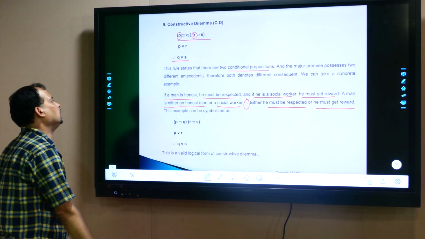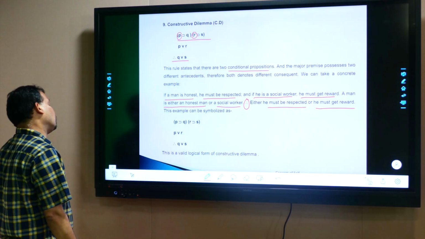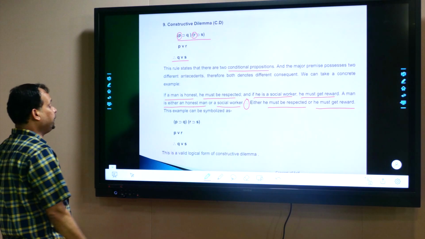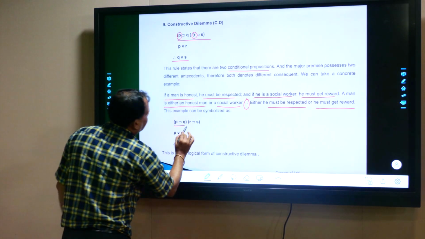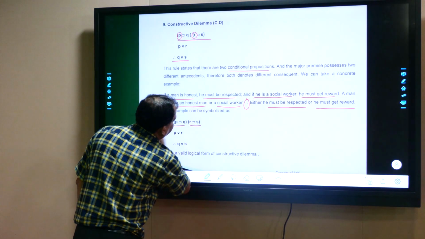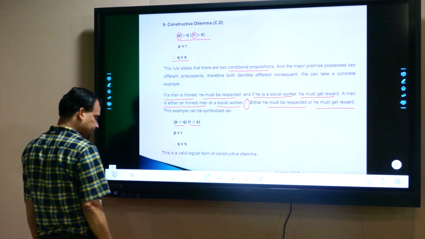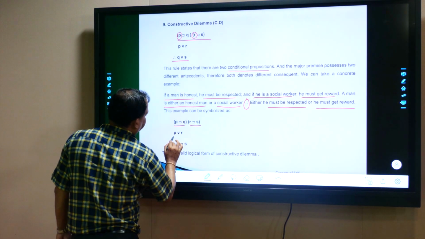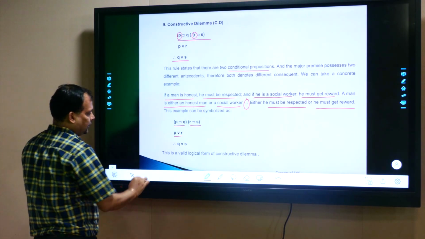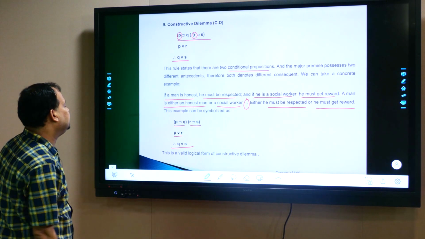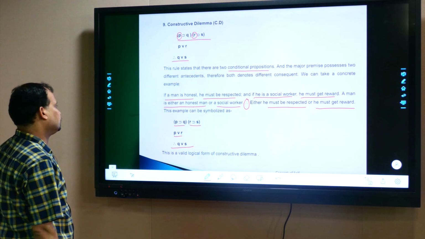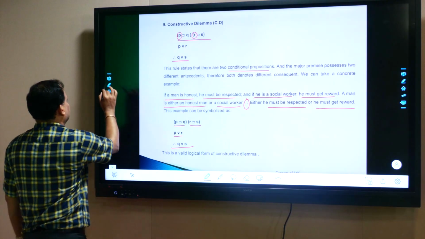How can we symbolize this concrete example, dear learners? P implies Q, R implies S, and P ∨ R, therefore Q ∨ S. So this is a valid form of constructive dilemma, dear learners.